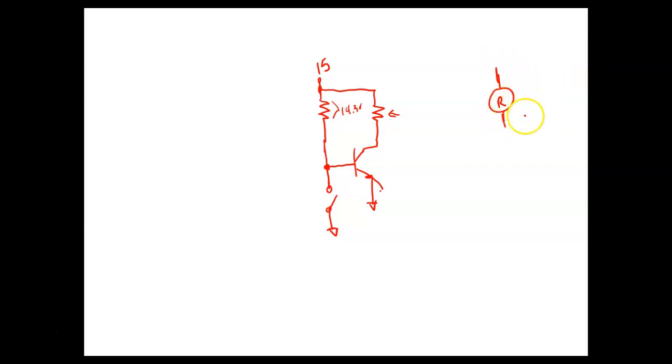Now what we need to know about relays is that they are rated in volts and current. But normally, to calculate this, we need to know the actual resistance that it has.